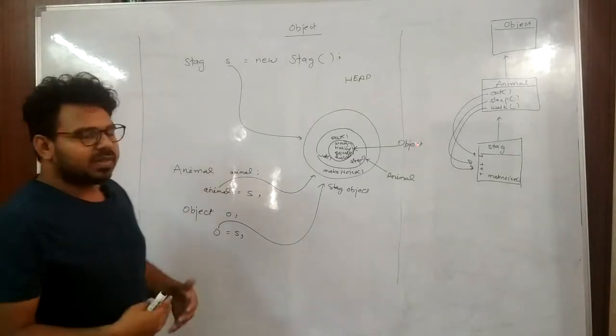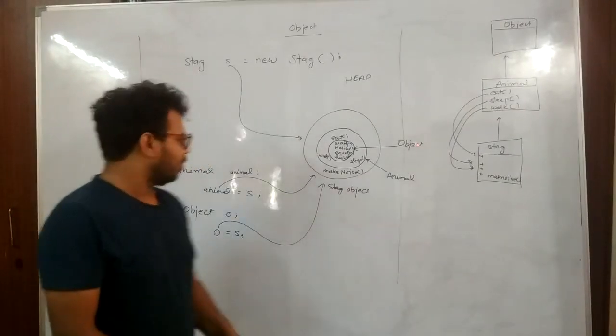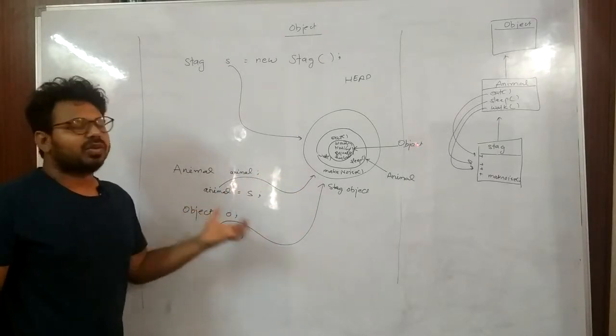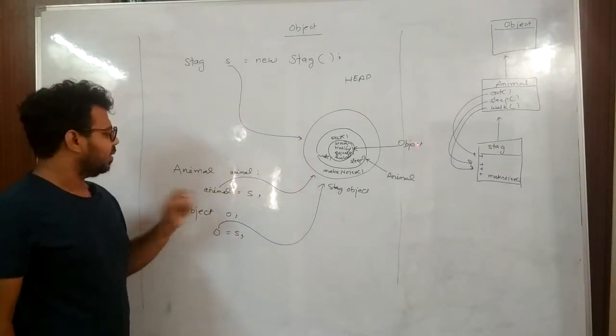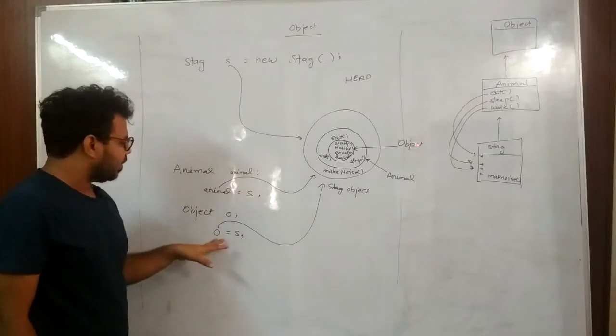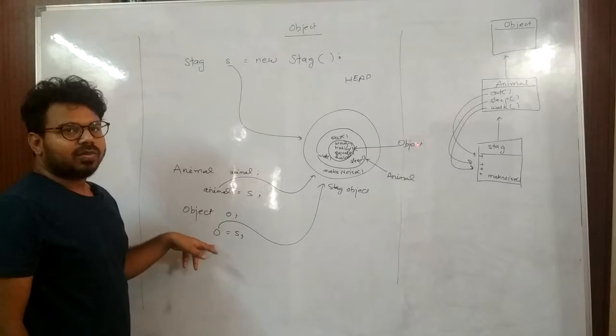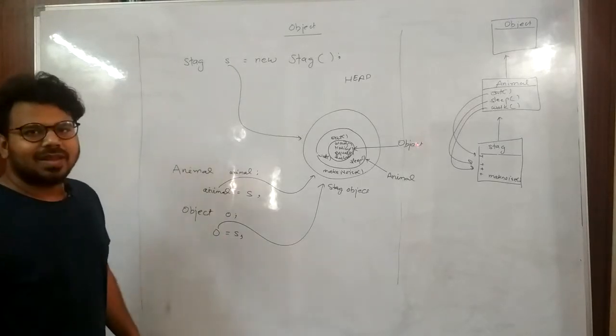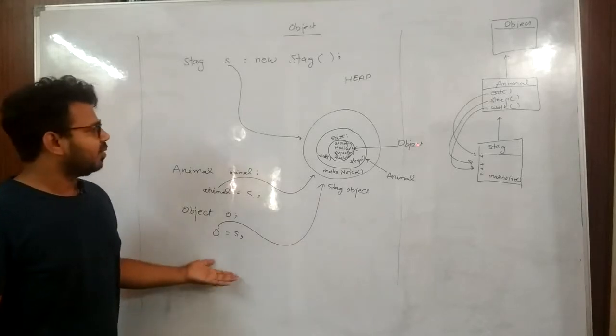But think what will happen when we are going to access the method. How much portion of this stack object is available to this animal reference? How much portion is available to this object reference O? Now I think you have made your decision.